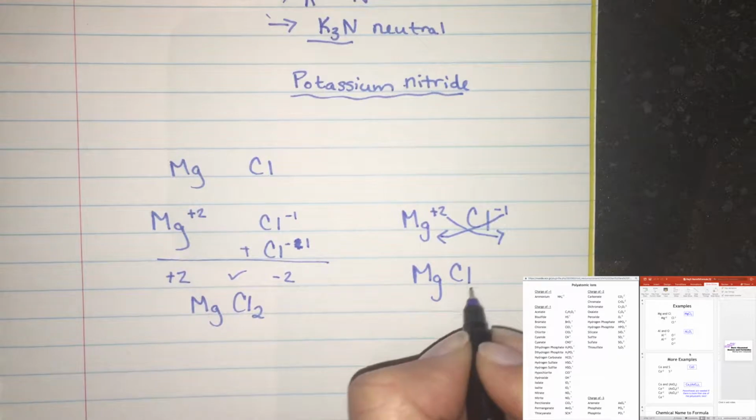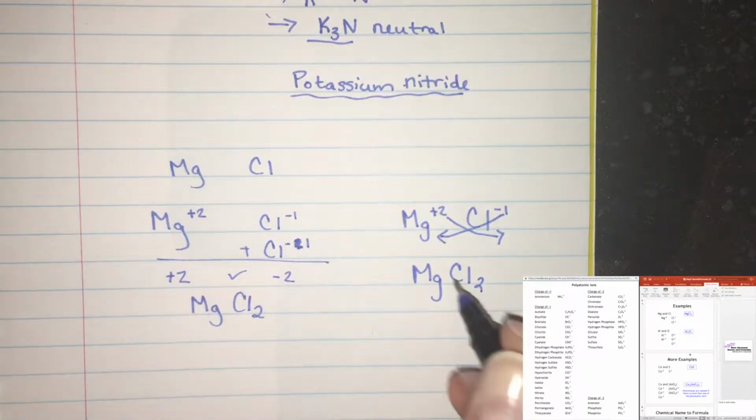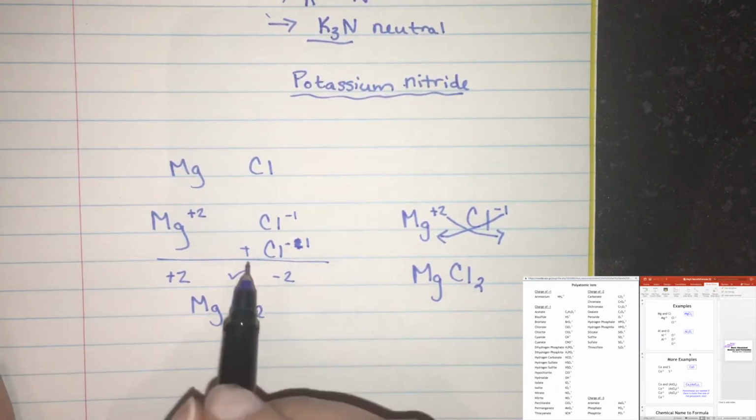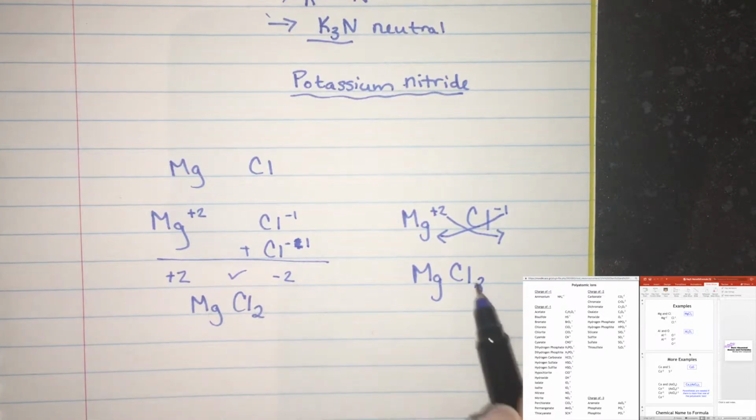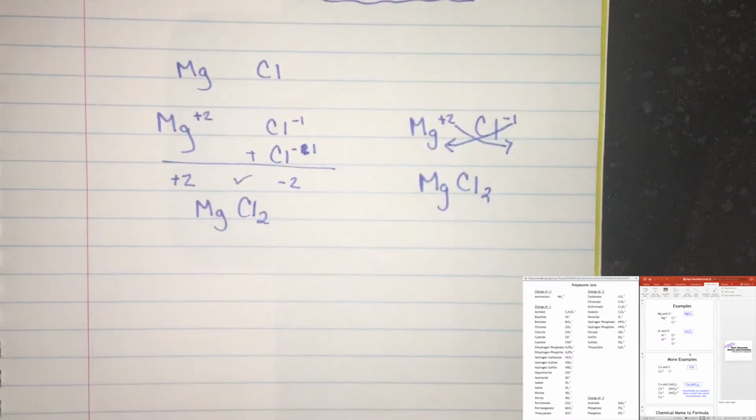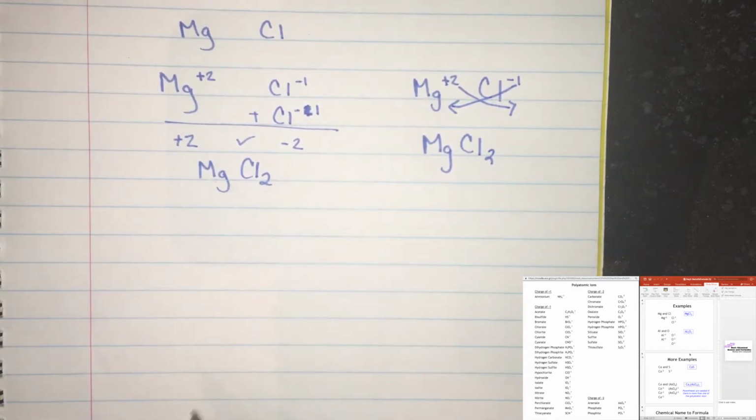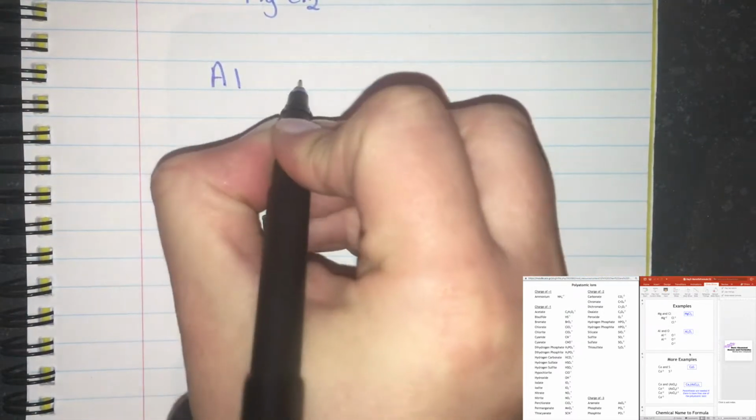Then the +2 charge goes down with chlorine. To me, this is easier. If you like one method better, do it. For the first couple of examples, I'm going to do both, and then I tend to just do mine. I like it better.